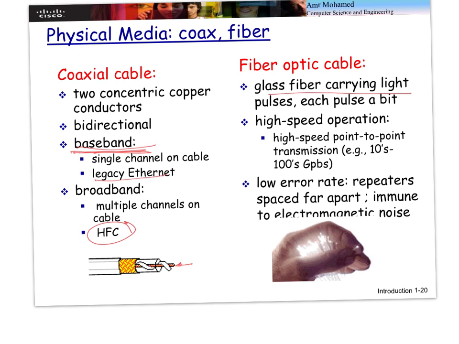So the optical signal goes into the fiber optic cable, and the fiber optic cable is one single glass cable, which is shielded and protected, not only from interference but also against breaking and against bending. Okay.